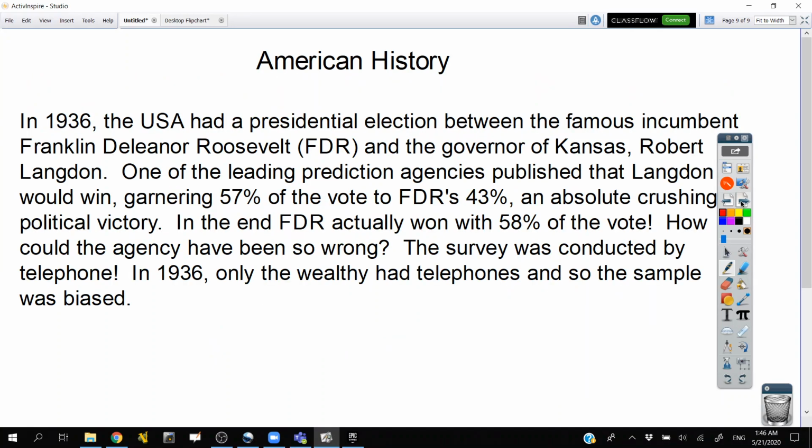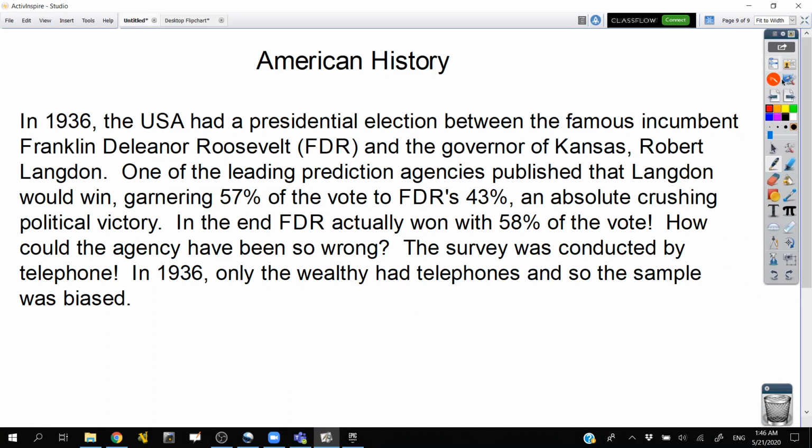So I have one example in American history when this super mattered. In 1936, we had a presidential election, for President of the United States. The famous incumbent FDR is running. Franklin Delano Roosevelt was the president for 16 years, the longest running president in American history. And the governor of Kansas, Alf Landon, was running against him. So we got FDR versus Landon.